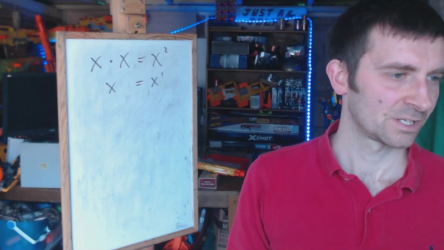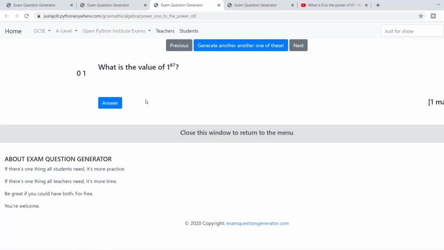All right? So let's take a look at this. 1 to the power of 87. Blimey, well, I'm not writing that. Absolutely not. But let's pretend that I was going to. Let's say that I was about to write on this board 1 to the power of 87 out the way it should be written, and let's just see what happens.